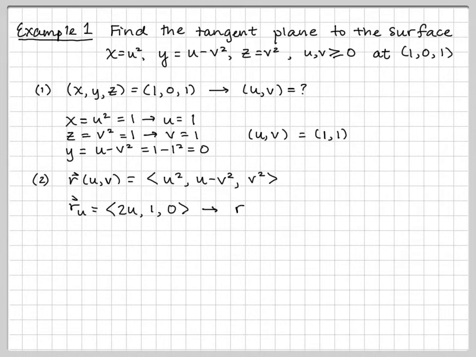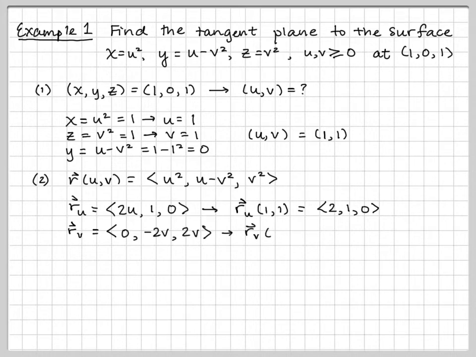And then evaluated at my uv point (1, 1), I'm going to get (2, 1, 0). Now, partial v is going to be (0, negative 2v, 2v). And evaluated at our point (1, 1), I have (0, negative 2, 2).